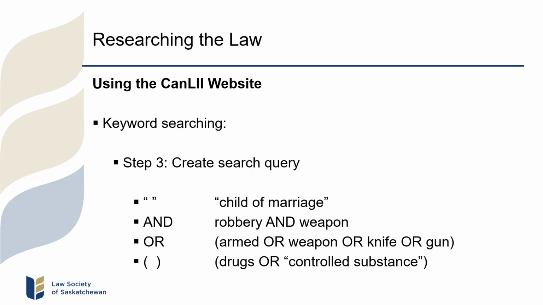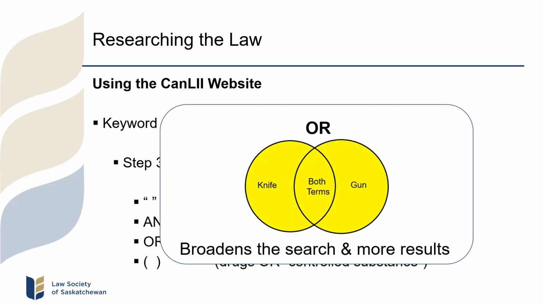The next search operator is the OR operator. OR is used to separate synonyms of the same concept, such as knife OR gun. Using OR forces Canlii to retrieve documents that contain either of the terms, but not necessarily both.